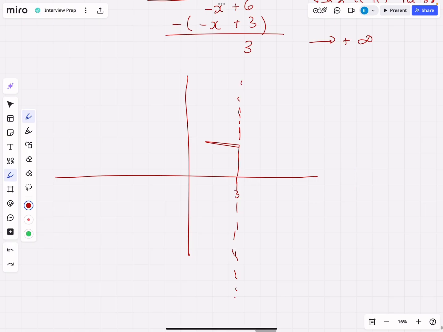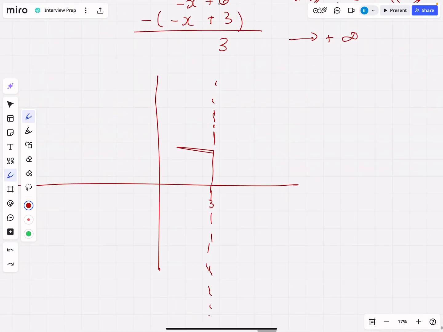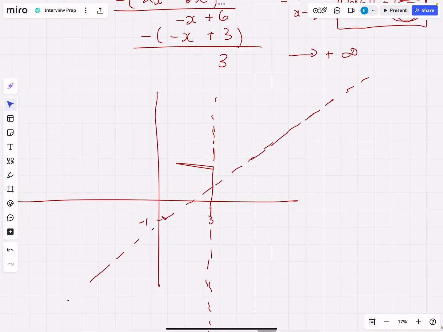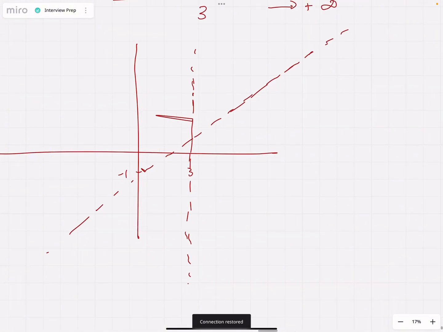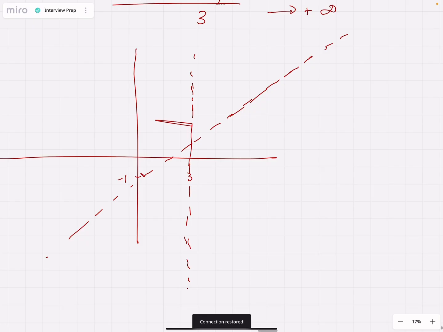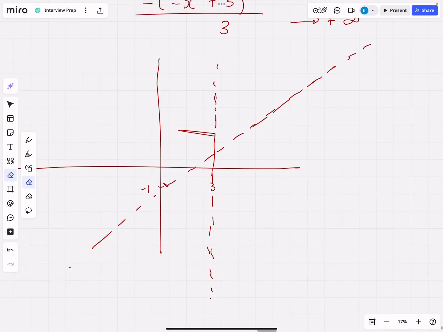And then we have here y equals 2x minus 1. It's going to look something like this. In fact, I should do it dashed. Right? Our graph is actually going to look something like this, right?